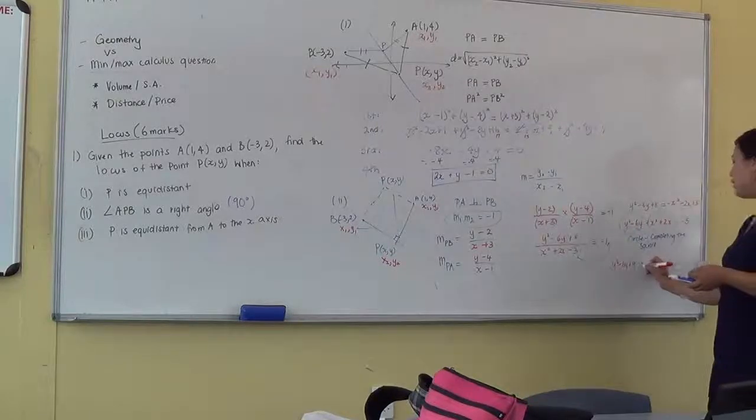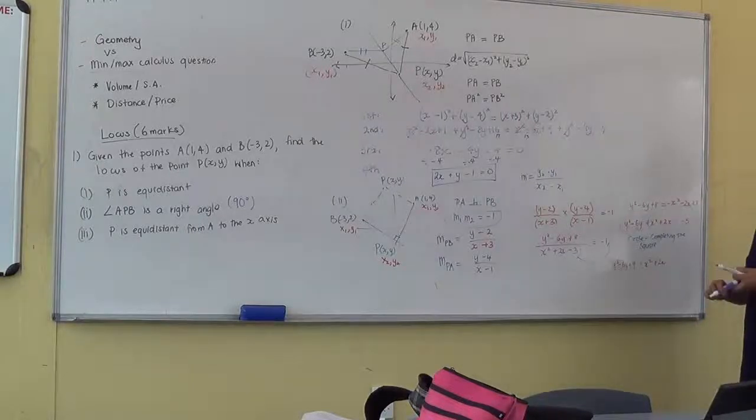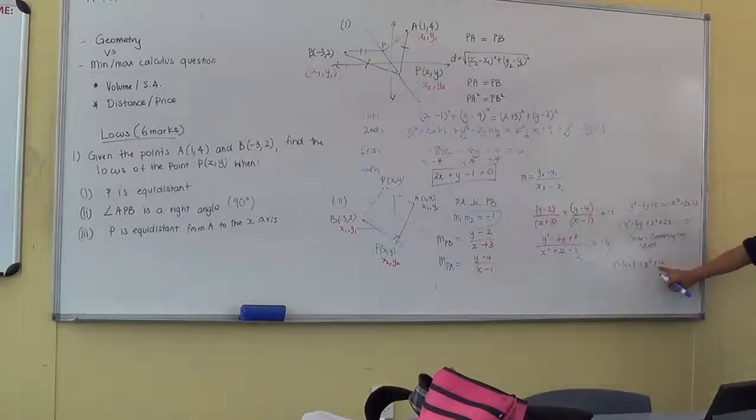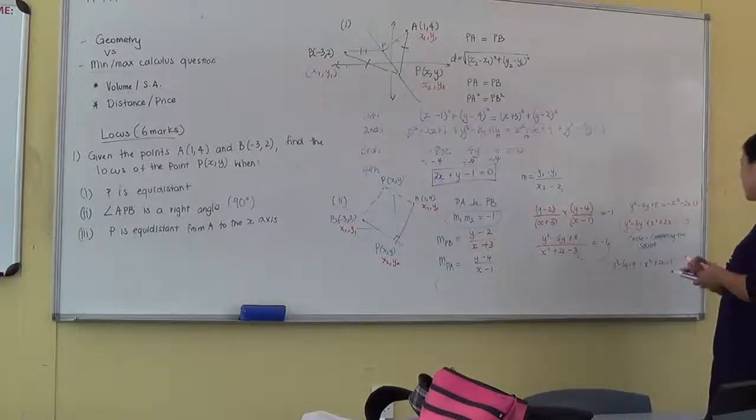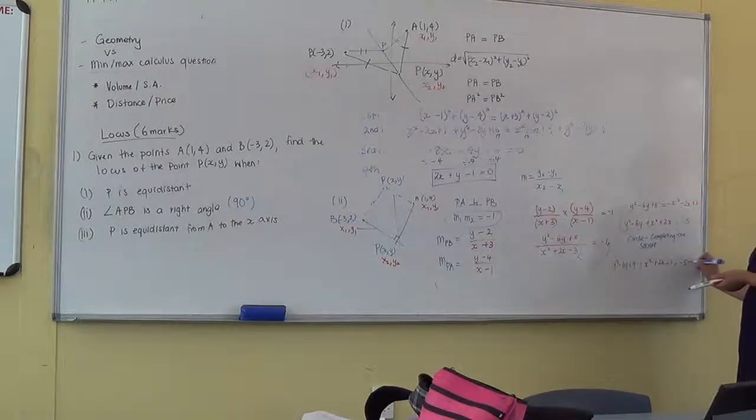What about x squared plus 2x? Not 4, try again. 1? So the ones in blue are our new terms, and whatever I added to the left hand side has to be added to the right hand side. So I'm going to add 9 and 1 to the right hand side.